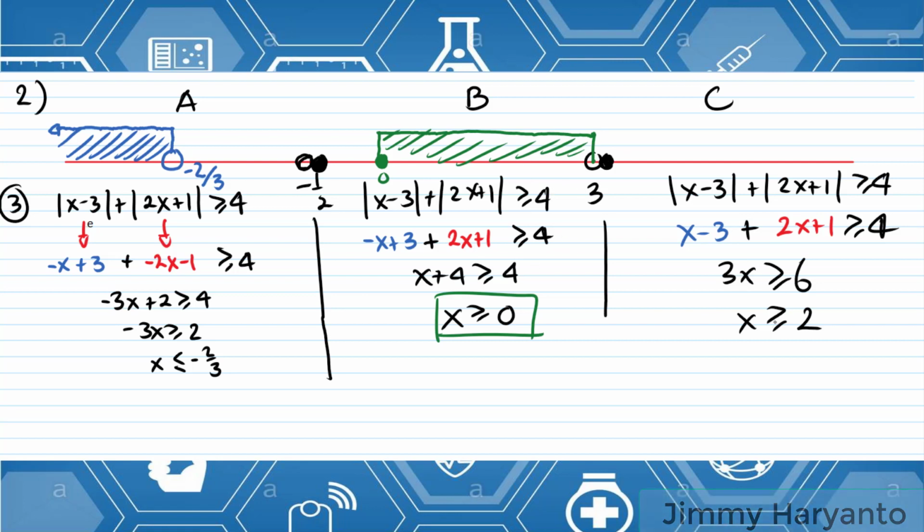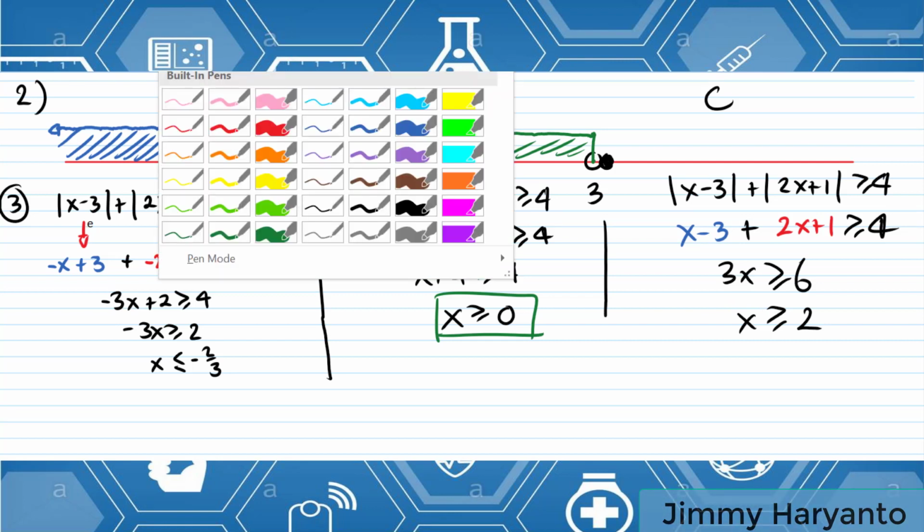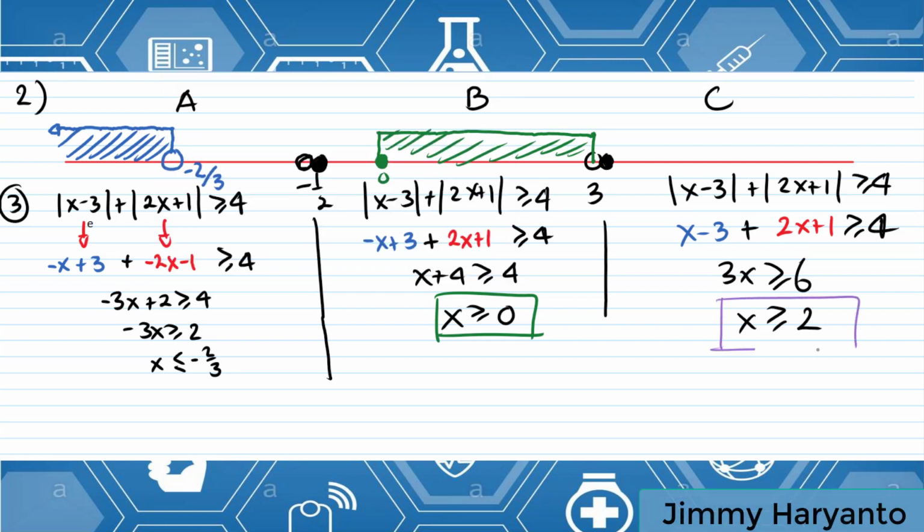And then for room C, the solution is greater than 2. I will use purple. X greater than 2. Where is 2? 2 is right here, right? And I have to draw from 2, go to the right side. But because this is room B and we are in room C, I cannot draw like this. So we can skip this part and then start from here.